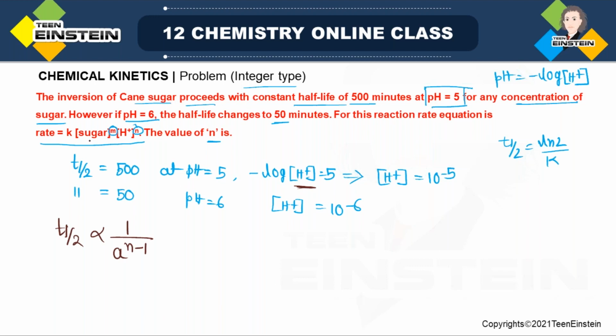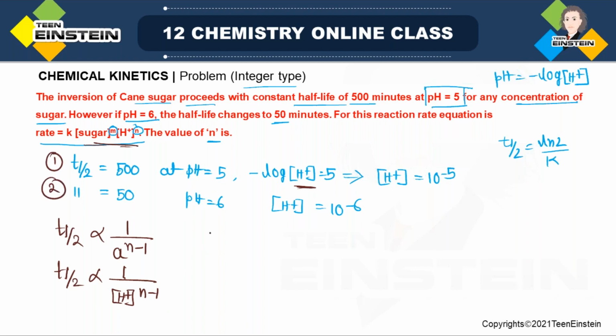So it is also mentioned in the rate expression, that is, sugar and H plus are both present. So we can consider A is basically H plus. What I am trying to say is that T half will be proportional to 1 by H plus concentration to the power n minus 1. Now we have two conditions, 1 and 2.